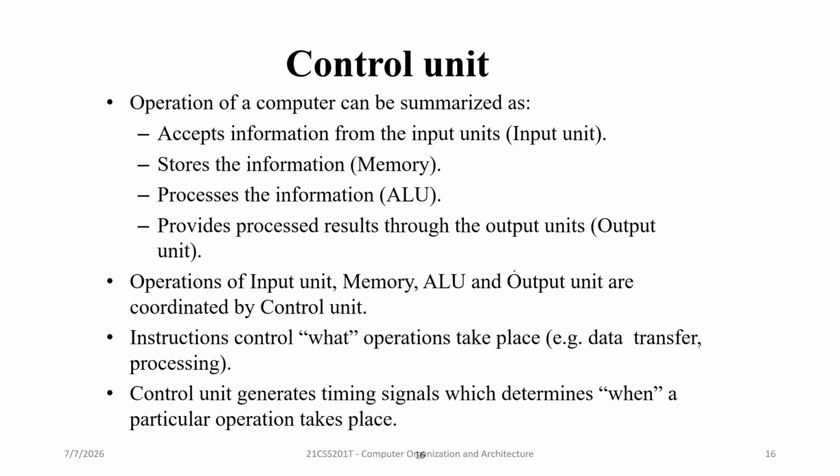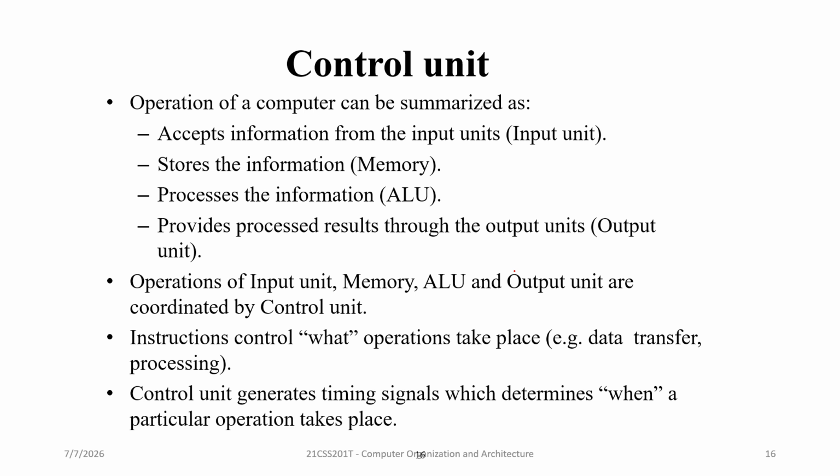Control unit. The operation of the computer can be summarized as I told. It accepts the information from the input unit, stores the information in the memory which is needed for future, and processes the information by the ALU, that is arithmetic and logical unit, and provides the processed results through the output units.